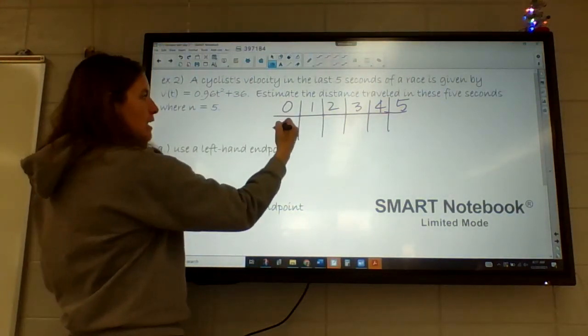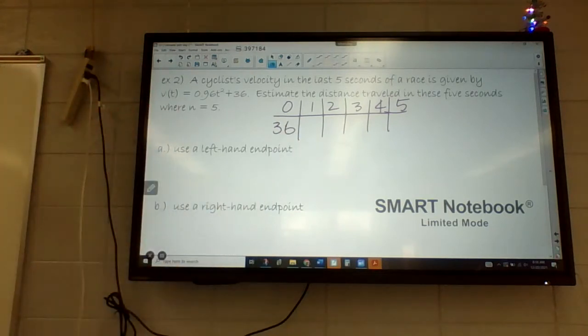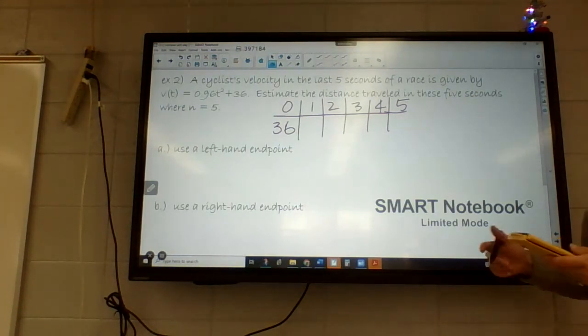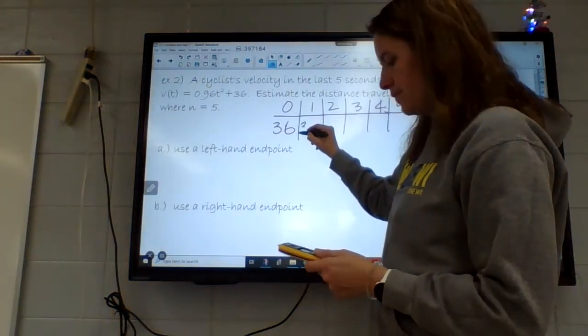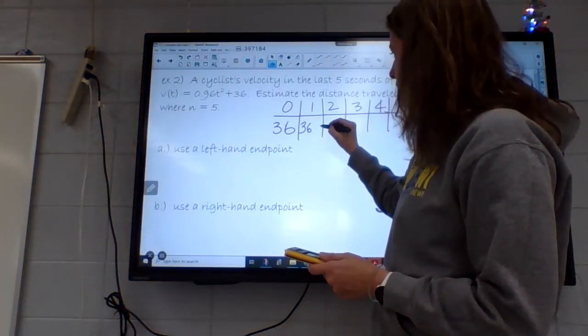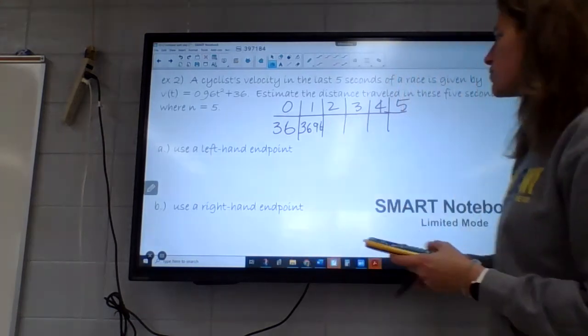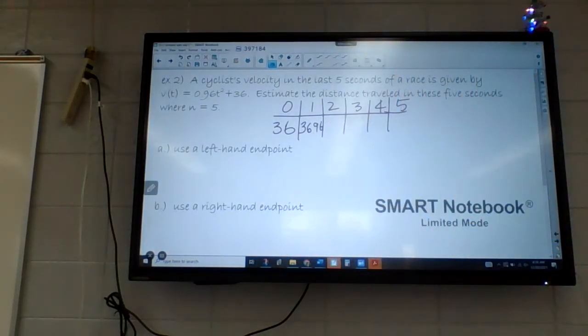So when I go to put time in as 0, it's going to start at 36 here. So that will be the velocity if we call that time 0. And then again, these are going to be decimals again. I'm going to go 2 decimal places.